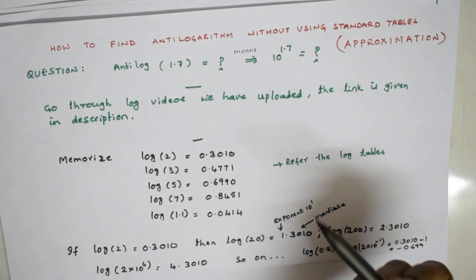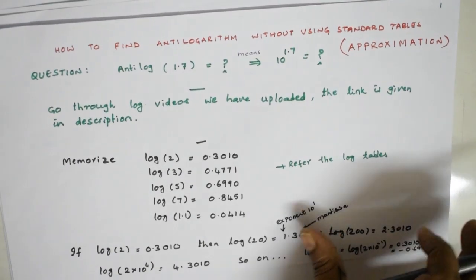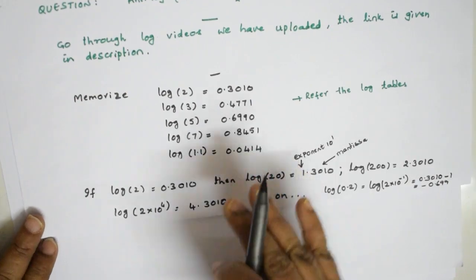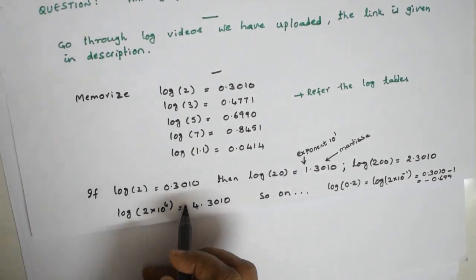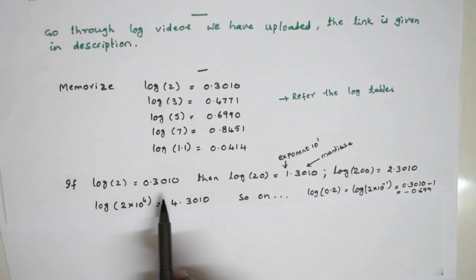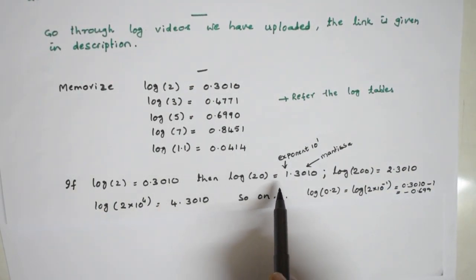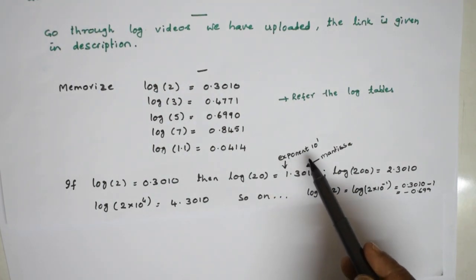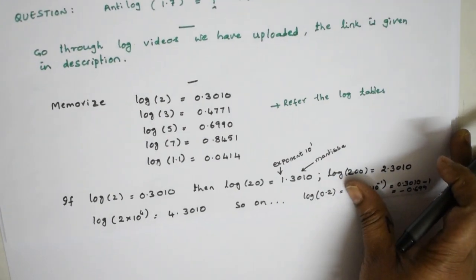Remember that, students. Suppose log 2 is equal to 0.3010. Now log 20 can be written as 1.3010, and 1 is called the exponent of 10 raised to the power of 1, and 3010 is called the mantissa. I'm basically giving you the basic idea.